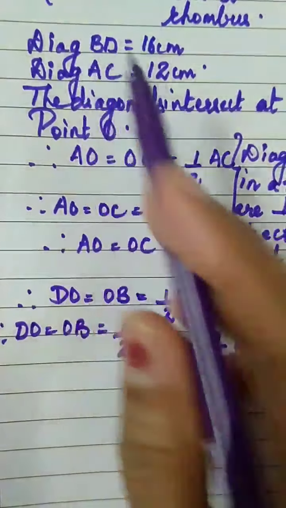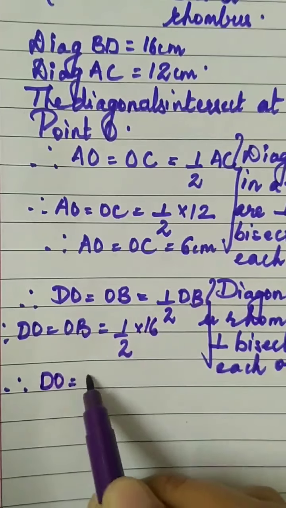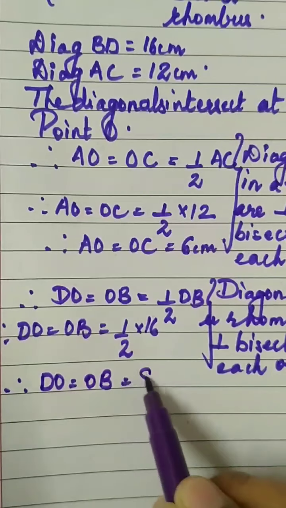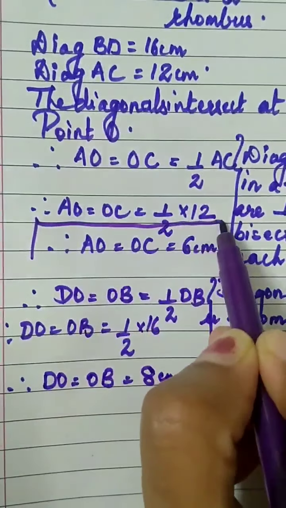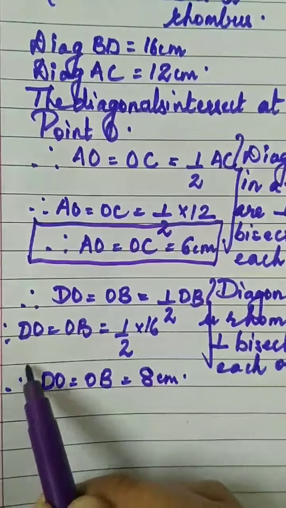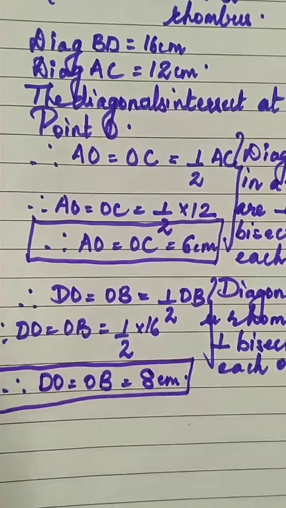How much is BD? 16. Therefore, DO is equal to OB is equal to 8 centimeter. If you want, you can put it in a box so that it is highlighted.